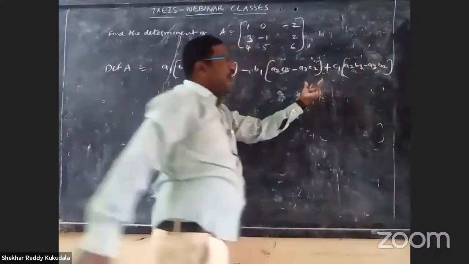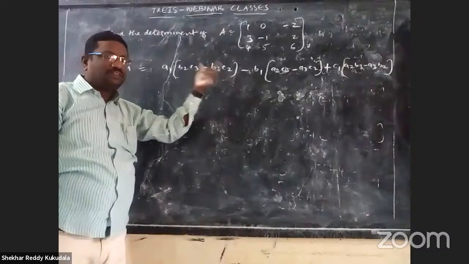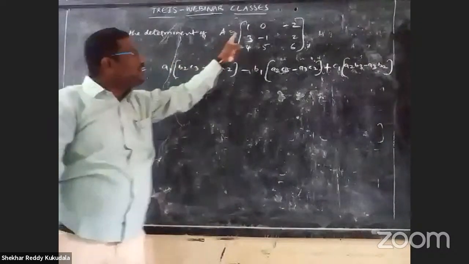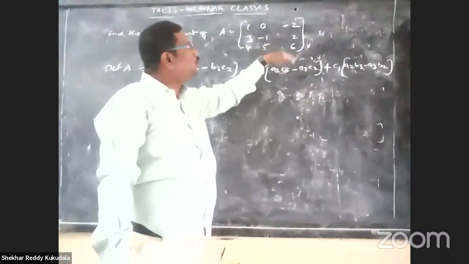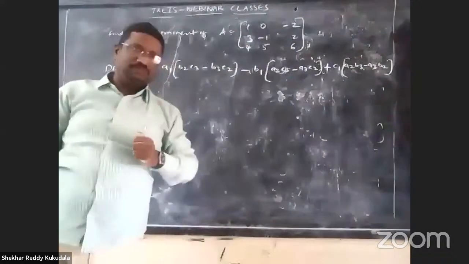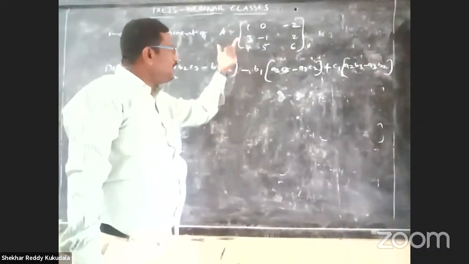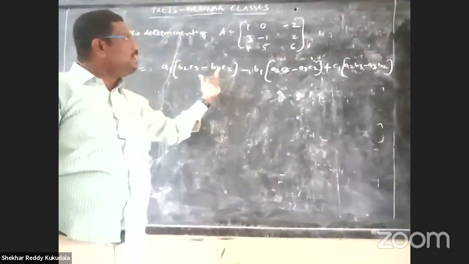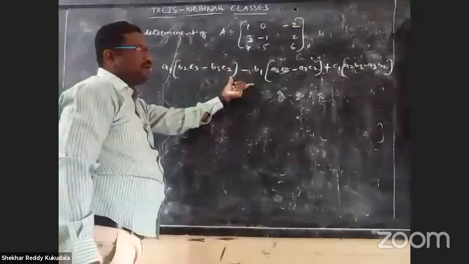This is one method. The other method is to find the cofactors separately for these three elements, multiply them by the respective elements and add to get the determinant. The result is the same. Direct formula is easy to remember when you practice a few problems.